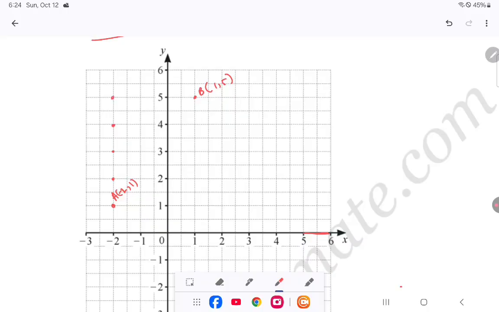Move. Now calculate these units. This is Y, and for the X, 1 unit, 2 unit and 3 unit, so X is 3 and for Y is 4. Now what we're gonna do?